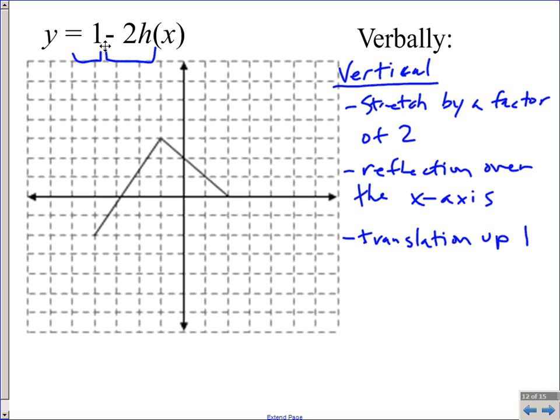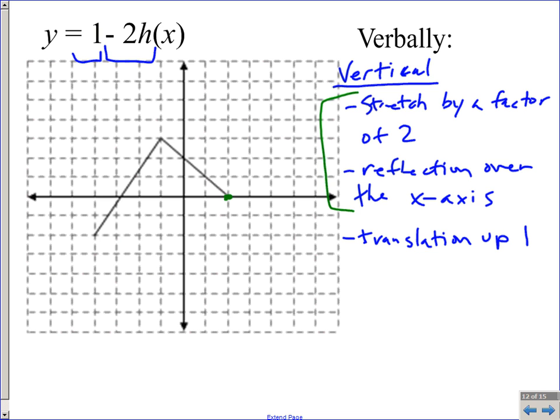I'm going to use a green marker for an intermediate step. I'm going to do these 2 at once, and then I'm going to translate the whole graph up 1, or each of the points to start with. So if I stretch by a factor of 2, I'm going to take a 0, turn it into a 0, because 2 times 0 is 0, and then make it negative, no change.